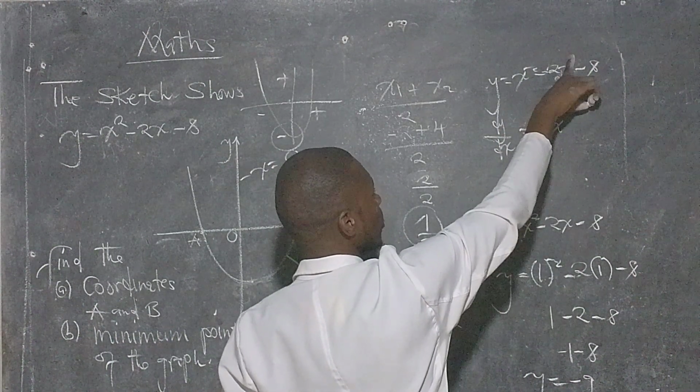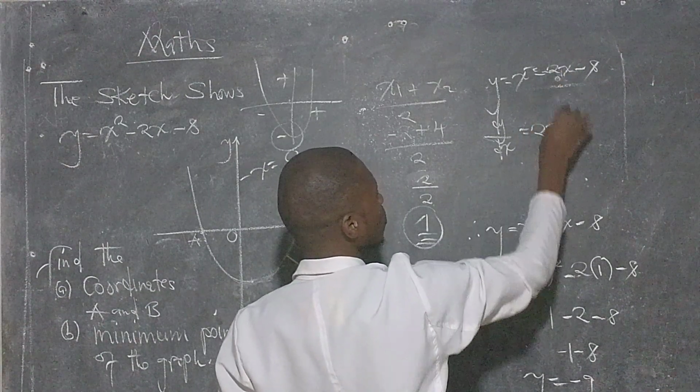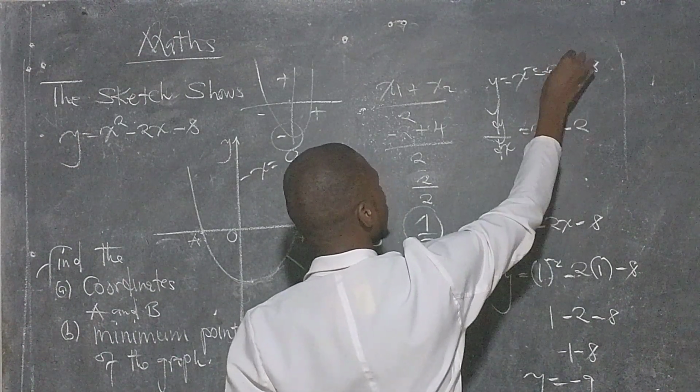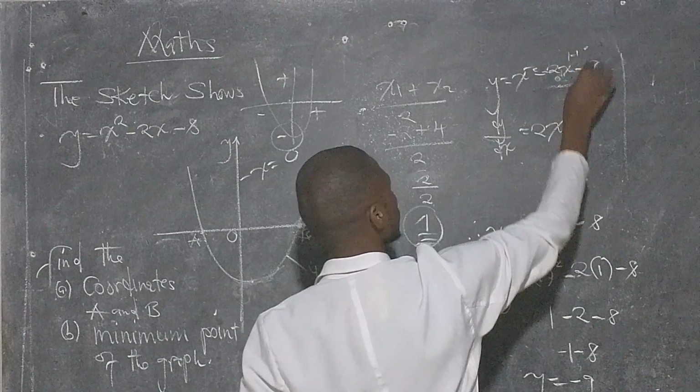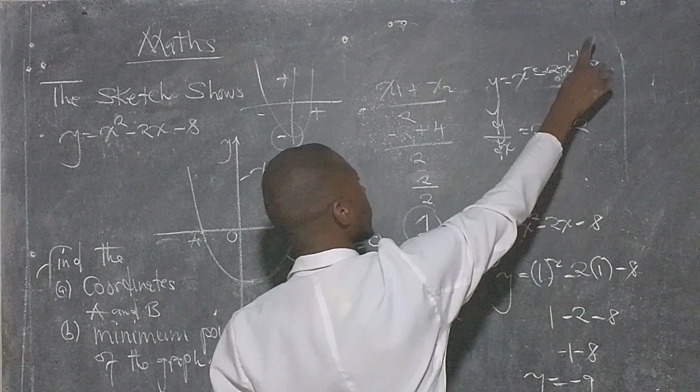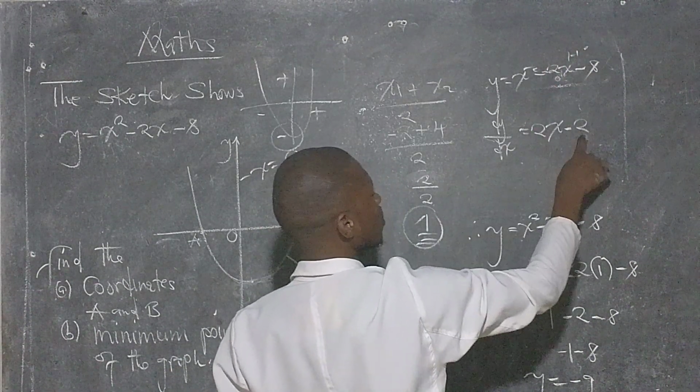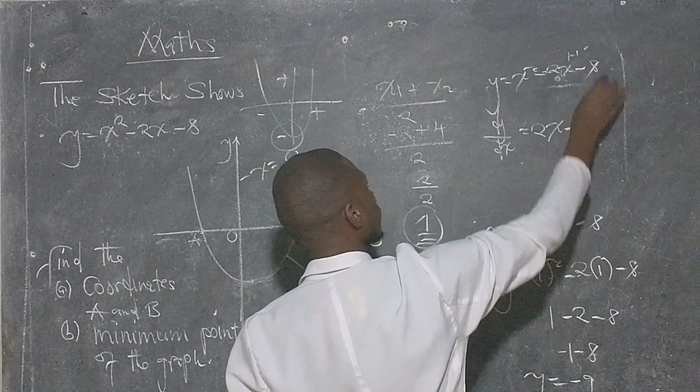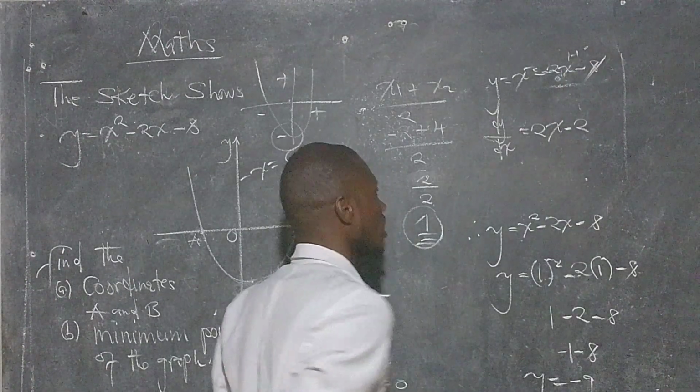Here there's a 1, so 1 times 2 is 2, so negative 2. Then we take 1 from the power 1 to give 0, and x to the power 0 is 1. The constant is not a variable, so it is the same as 0, you just cancel it.